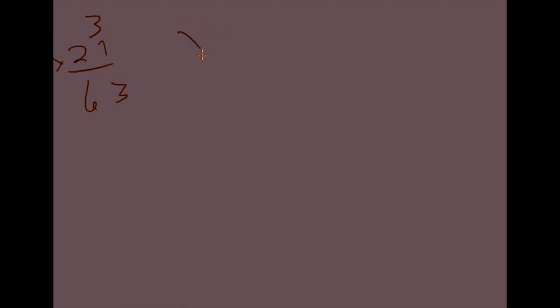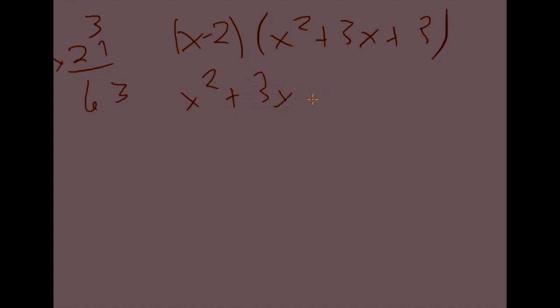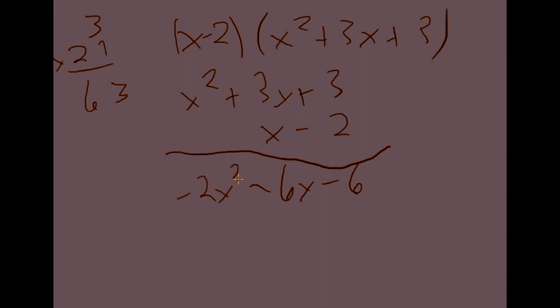So we got x minus 2 times x squared plus 3x plus 3. Alright, we're going to set it up just like this. Okay, so x squared plus 3x plus 3, and then times x minus 2. Alright, so we got negative 6, right? Negative 2 times 3, negative 2 times 3x is minus 6x, and then minus 2x squared.